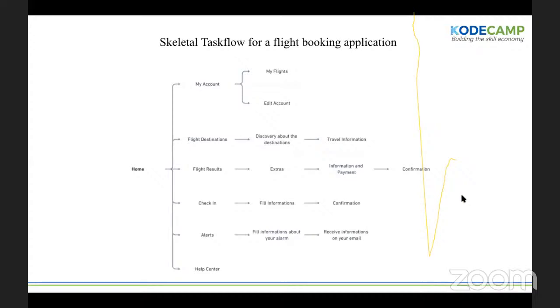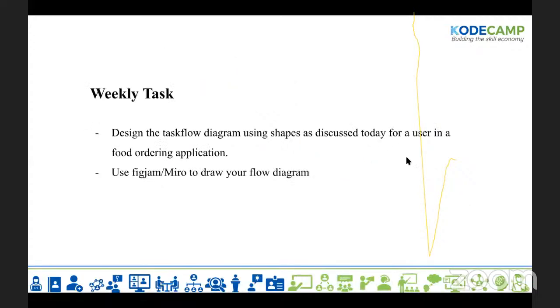Okay, so our task for this week, I know that the last task which your trainer Favor gave was to do empathy maps for the food ordering app. So still following that same direction, your task is to design the task flow diagram using shapes like we discussed today.